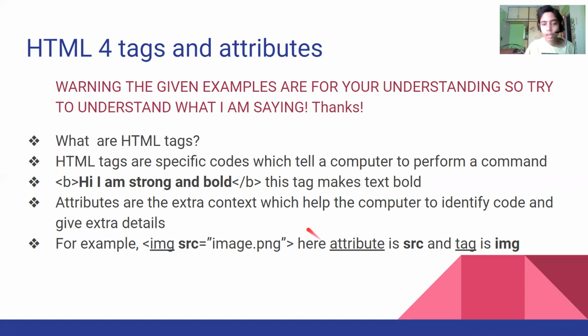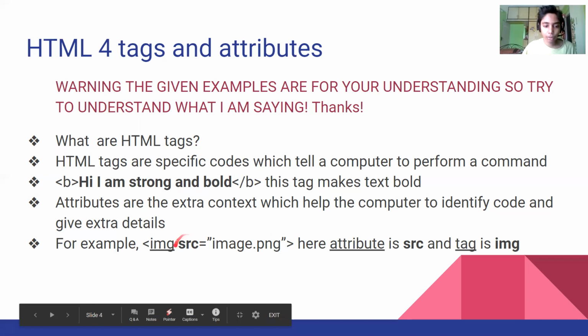Attributes give a little more context to identify code and give more detail. Mostly you run HTML in a browser, like I'll show you in demo time. Your browser needs extra stuff like a source. The browser might not know what the source is. If you remove the source, it'll be image equals panda.png.